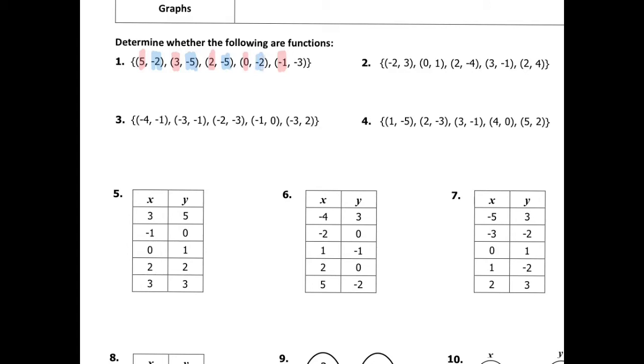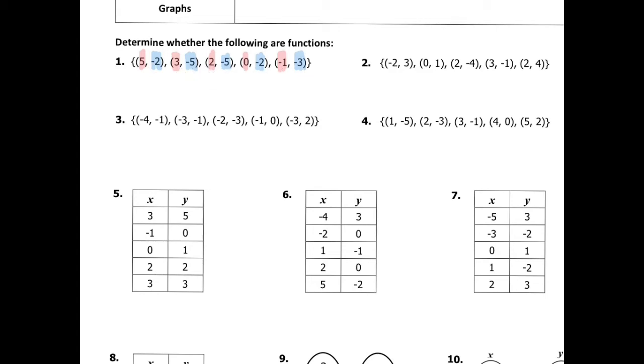So I'm going to take a look and see how these are matched up. 5 is matched up with -2, 3 is matched up with -5, 2 is matched up with -5, 0 is matched up with -2, and -1 is matched up with -3. Each of these numbers only appears one time in my coordinate pairs, which means it's only got one y value that it is matched with.